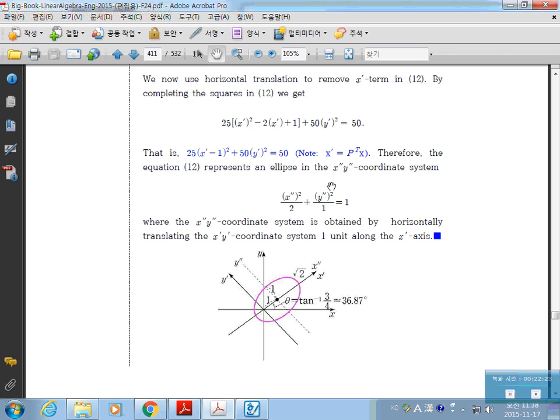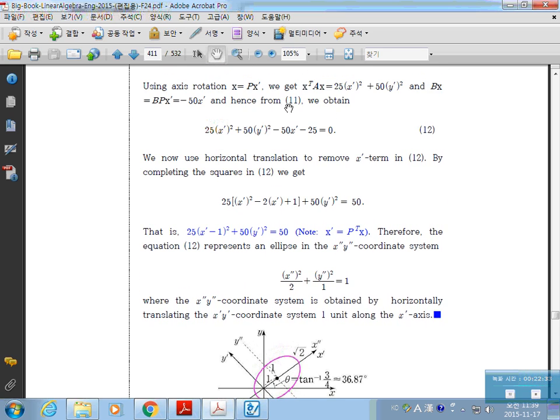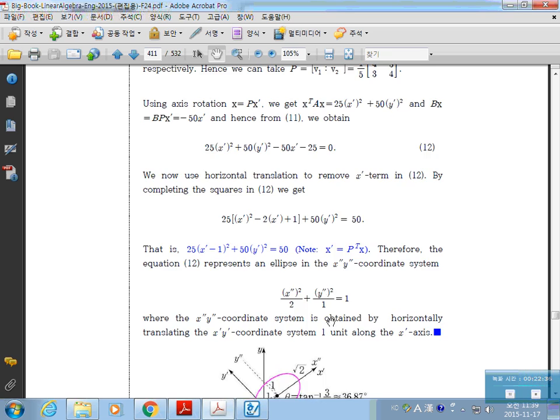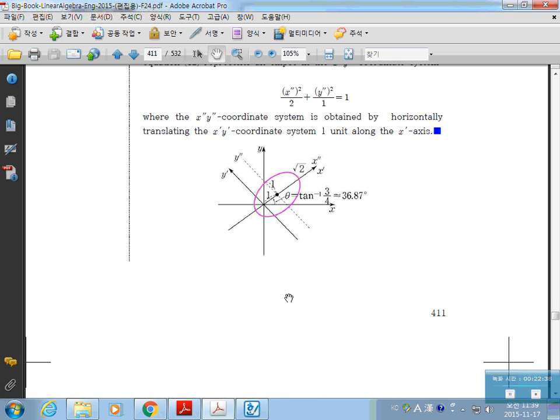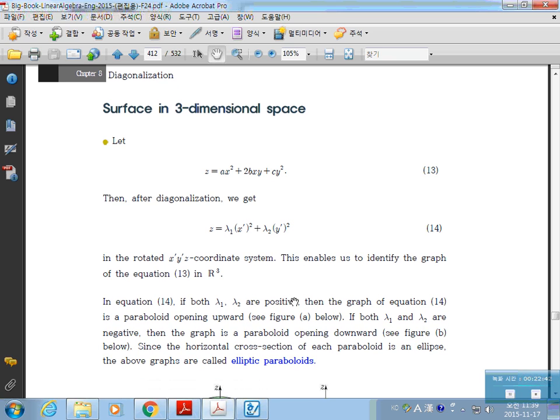The important thing is drawing this and doing the resubstitution to go back from this coordinate to this x prime y prime coordinate, and then the original xy coordinate. That's the steps that you do.